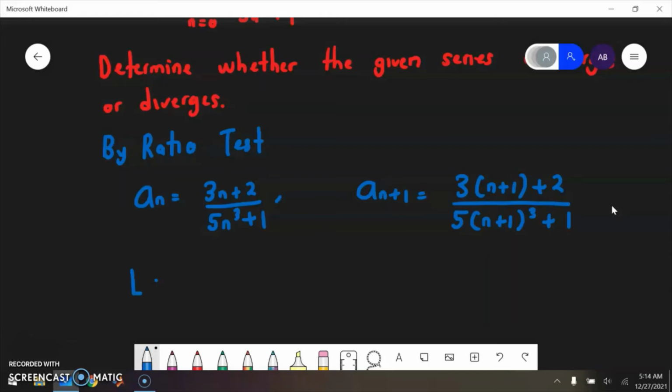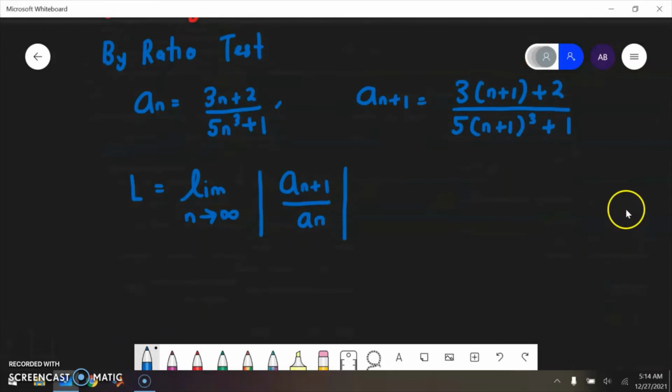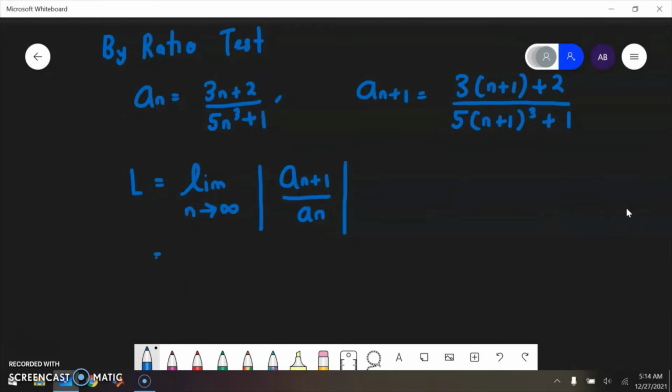Now you can apply the limit as n approaches infinity of the absolute value of a_(n+1) over a_n. Then what do you get? It equals the limit as n approaches infinity.